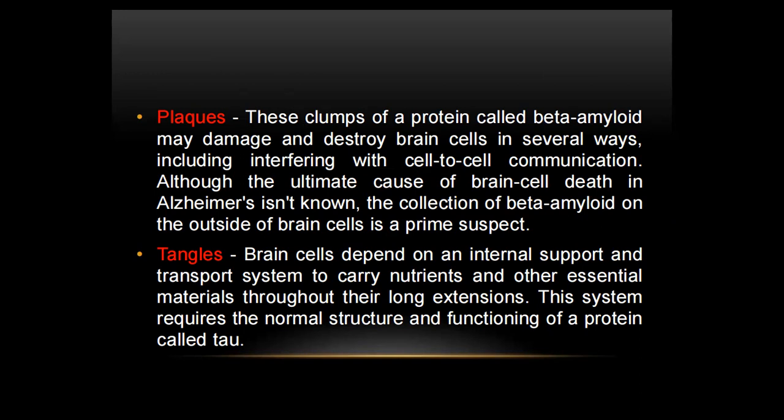The other one is tangles, which interfere with the internal support and transport system that carries nutrients through the brain cells' long extensions. This involves a protein called tau. There is also an enzyme which breaks down the tau and plays a big role in this type of problem.